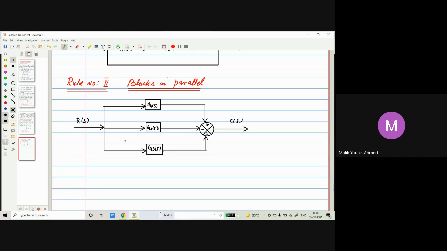Now, in this case, the rule says that when one or more than one blocks are connected in parallel, then the overall or equivalent transfer function is the sum of the individual transfer functions. That means G1, G2, G3. That's all. Sum. So let's see how we can get it from the above figure.